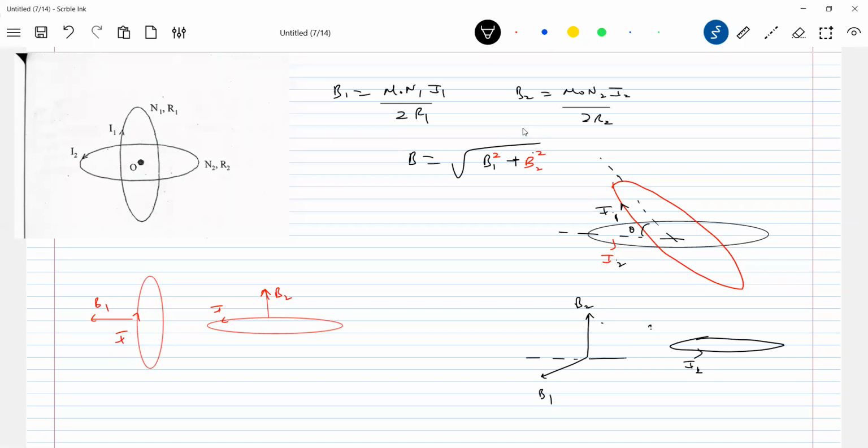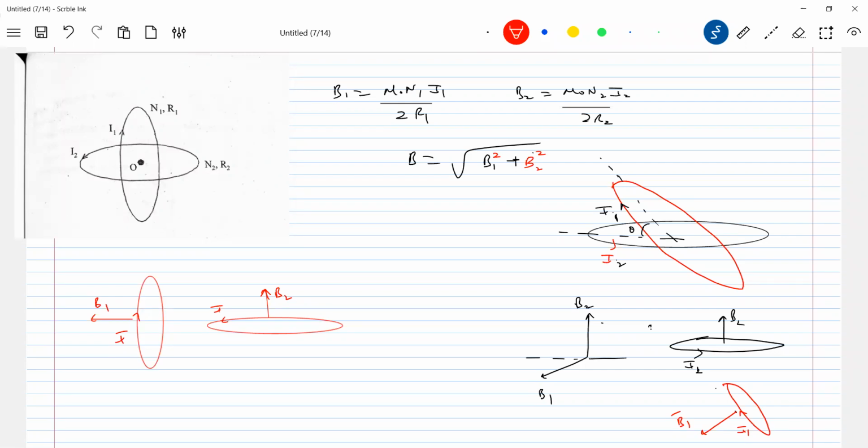So how should the B bar be upward? This particular ring, the red color ring, so B bar should be in this direction, no? B1 bar. Look at the angle between B1 bar and B2 bar.